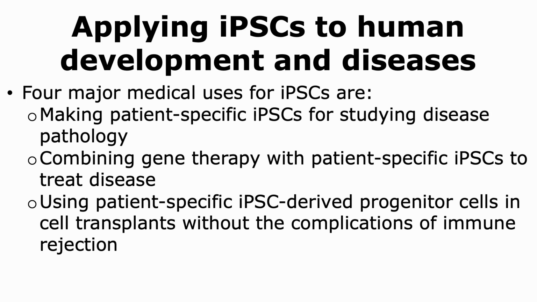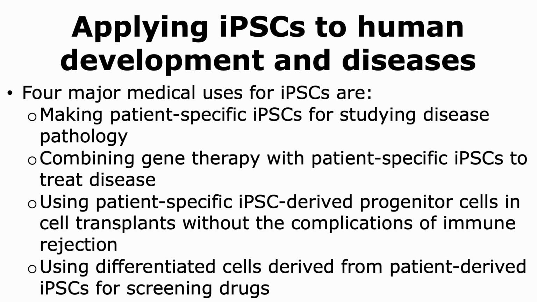Induced pluripotent stem cell-derived progenitor cells that have been made from specific patients can be used in transplants in that same patient without the complication of immune rejection. Finally, differentiated cells derived from patient-derived induced pluripotent stem cells can be used for screening drugs.